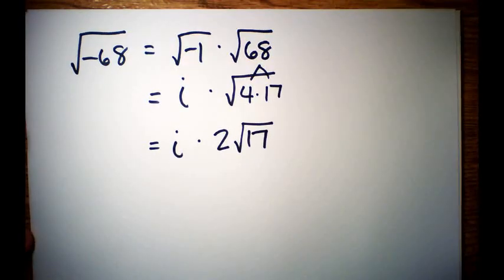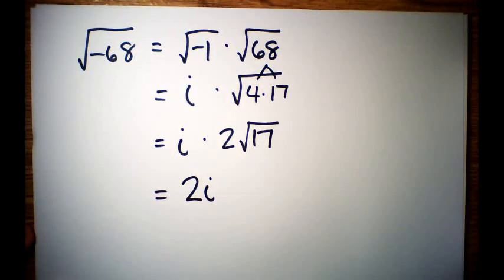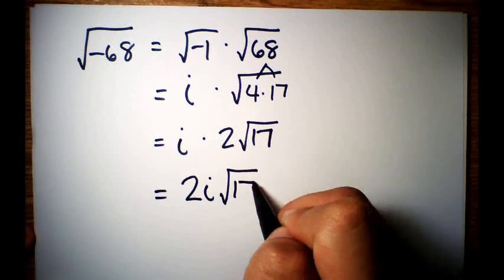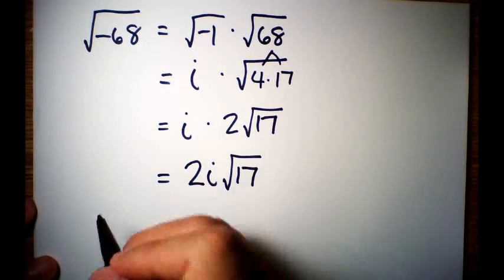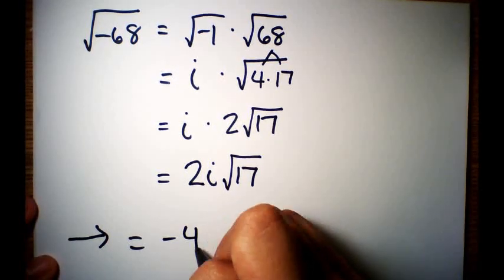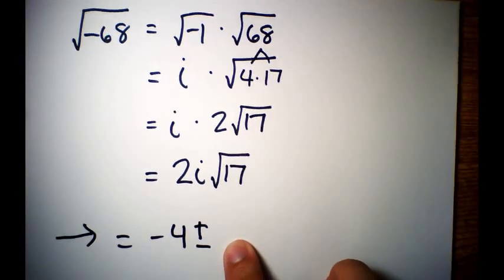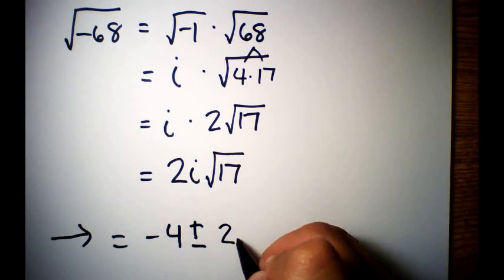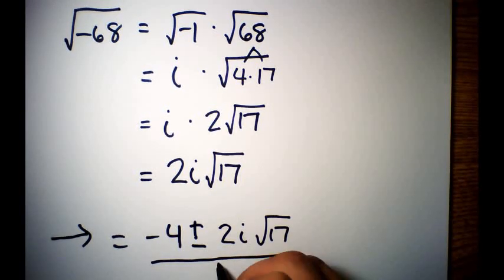We are going to rewrite it as whole number, imaginary number, and then radical 17. So x equals negative 4 plus or minus, remember the square root of negative 68 was here, we're going to replace that with 2i radical 17, all over 6.